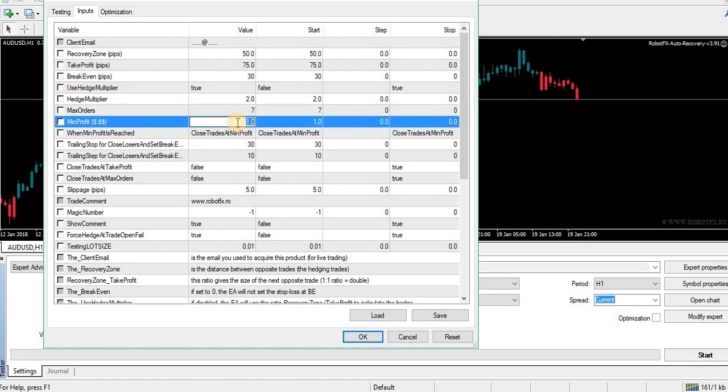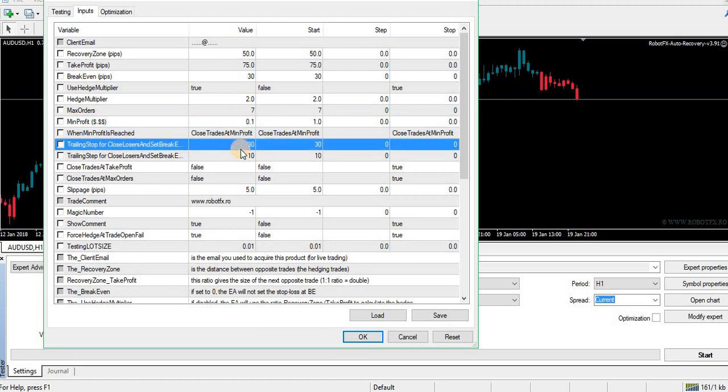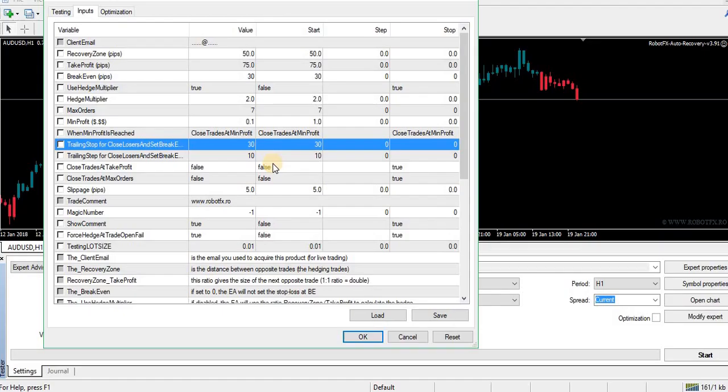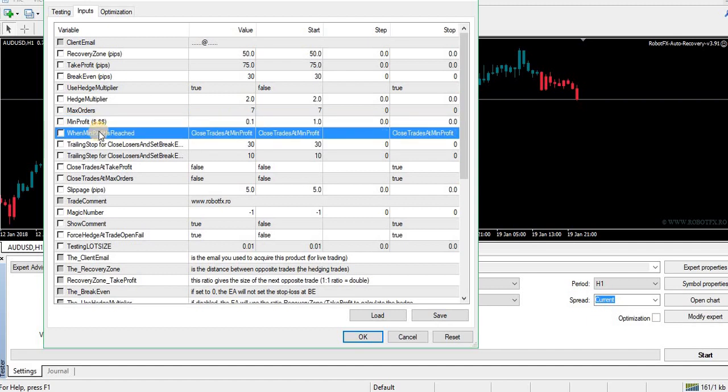Minimum profit, you can use it as a break even. Let's not make it 0, let's make it 0.1. As soon as the minimum profit is reached, meaning that as soon as all the trades on the chart, buys and sells, are equal to the minimum profit, then the expert advisor can be instructed to close all the trades. And by the way, it doesn't apply to the first trade.